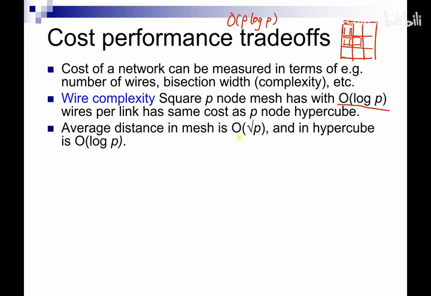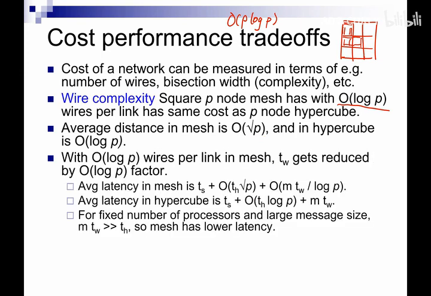So we still have that the average distance between two nodes in the mesh is root p, whereas in the hypercube, the average distance is log p. So in this sense, the hypercube is still better than the mesh.